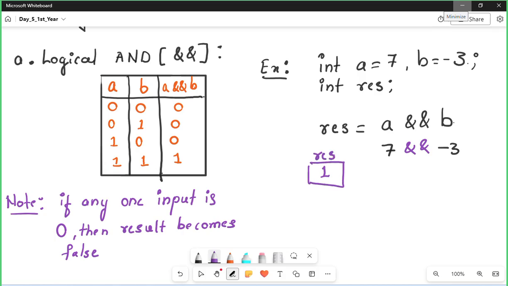Why? Because all of you observe here, this is only for logical operators.